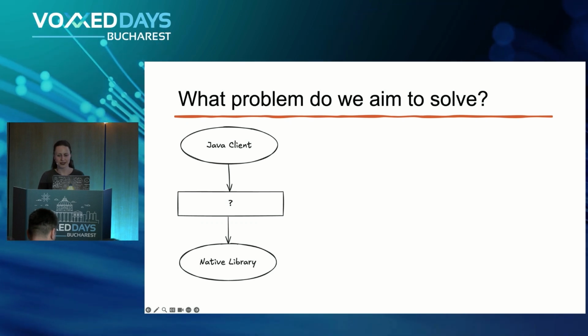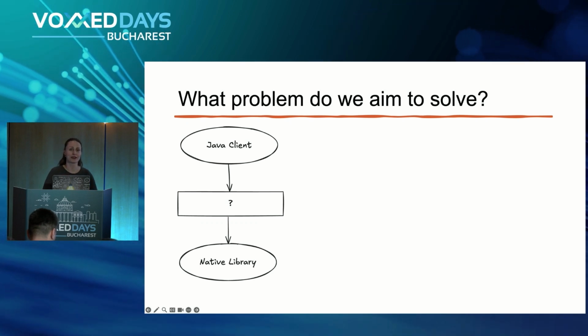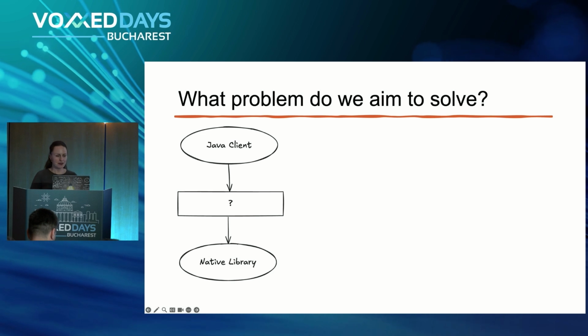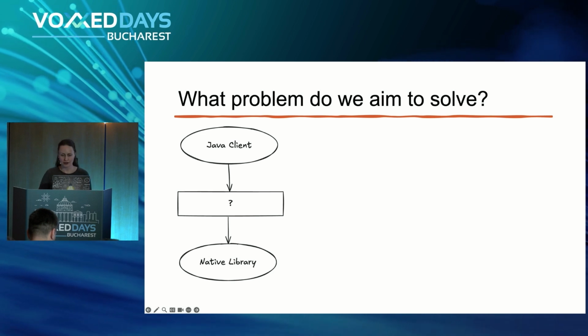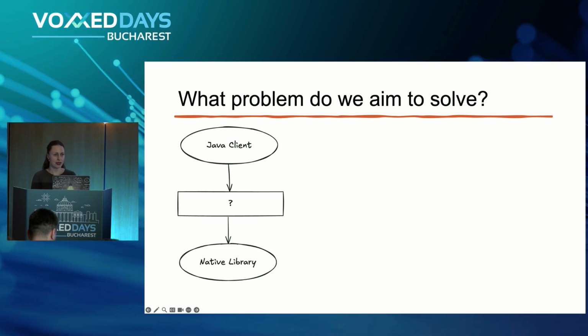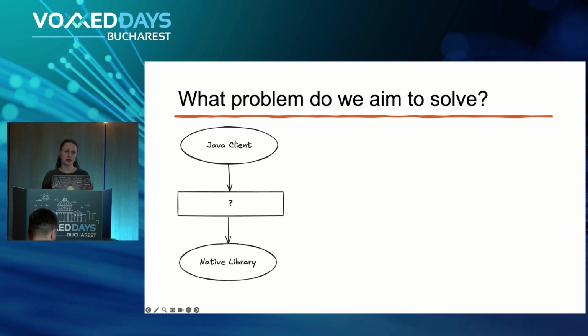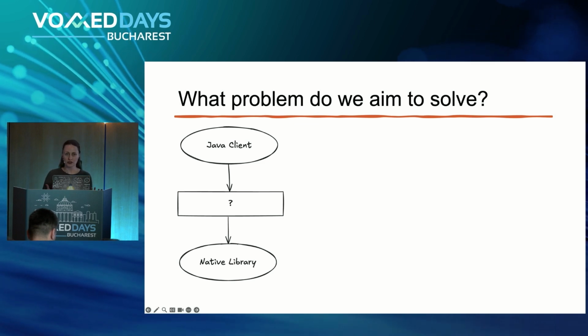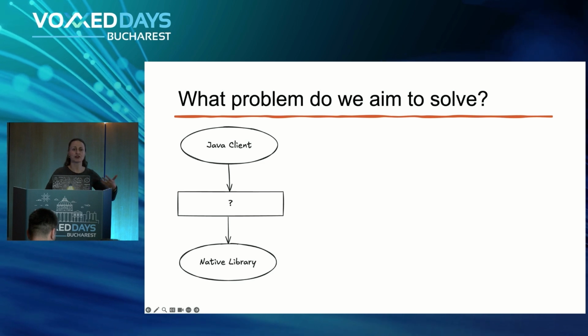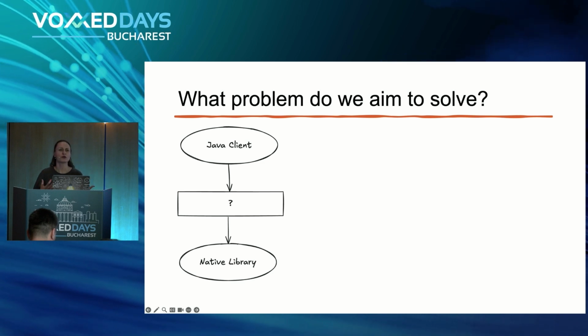And that can happen. It's not just one programming language in this world. And while there are many great Java libraries out there, there are many other great native libraries, and these libraries should not be rewritten in Java. So why not take advantage of that while we are in Java, having a Java client, but not rewrite everything in Java?